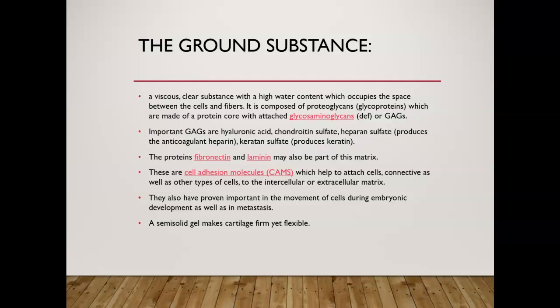There's hyaluronic acid, there's chondroitin, there's heparin, and that's the protein that gives it its density, whether it be watery, jelly, or dense. Also there are adhesion molecules, which allow the cells to stick together and form the ground substance for the different types of connective tissue.